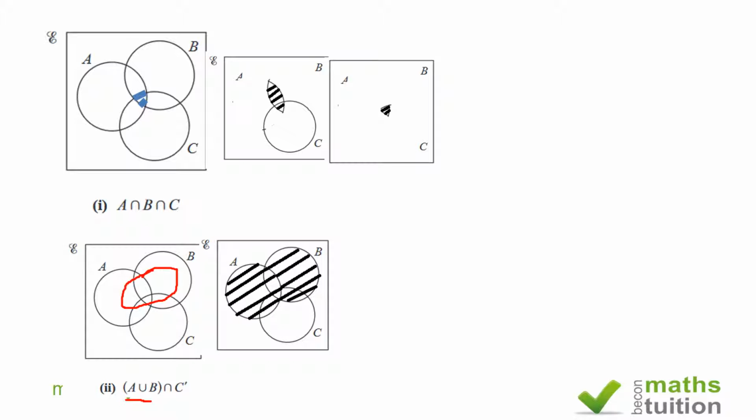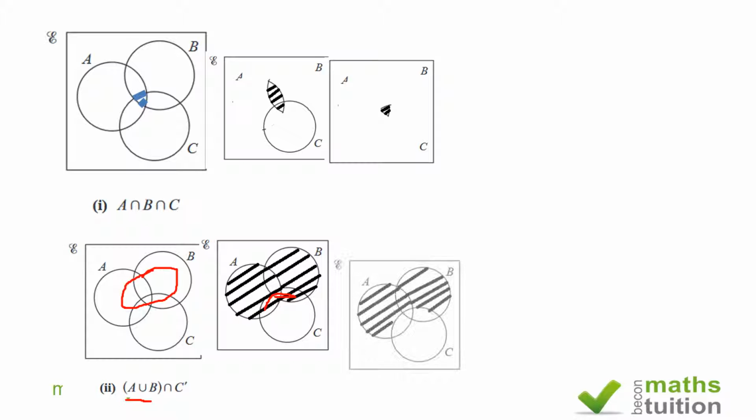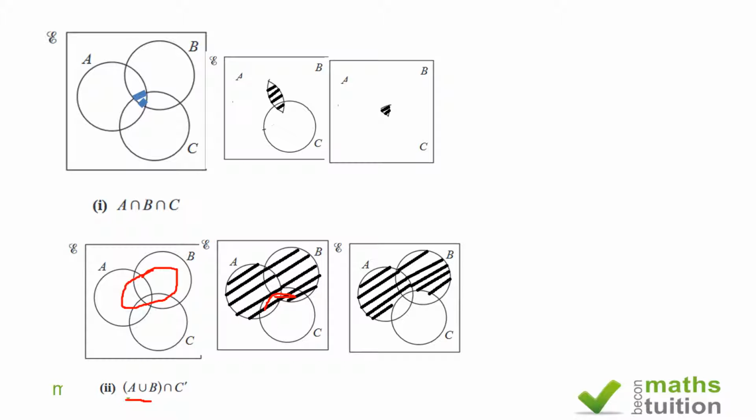Now we want A union B intersection C prime, so we do not want anything to do with C whatsoever. All of that will disappear, so we end up with this bit here. That is (A union B) intersection C prime.